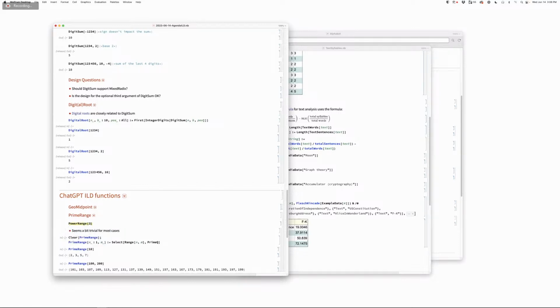What does this do? Is it the other way around? I think you need a large second argument. Yeah.